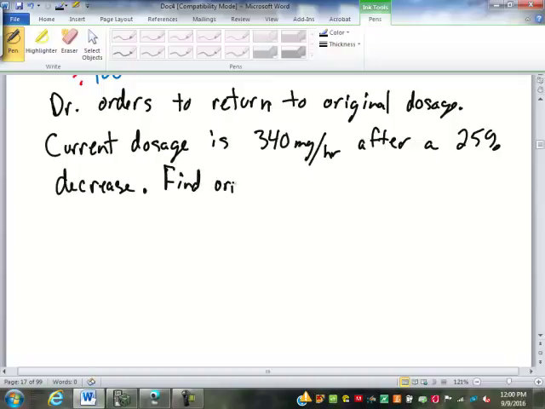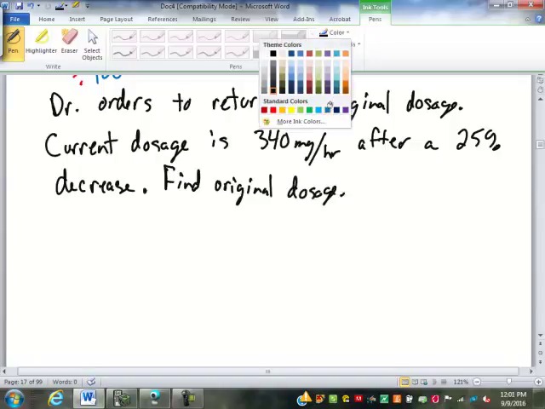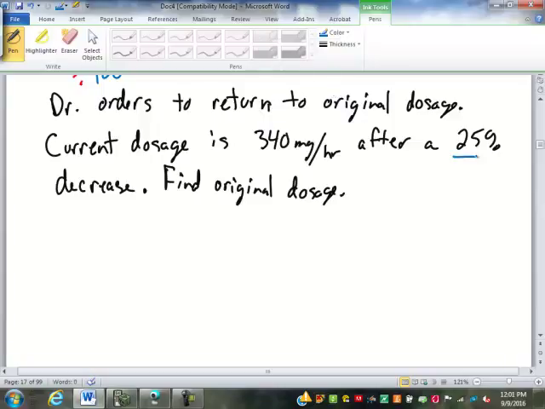So find that original dosage. Here, if I found 25% of, actually 25% is not what I was looking for. I meant to say 15% there, I'm sorry. Change that to 15% in your notes if you can.